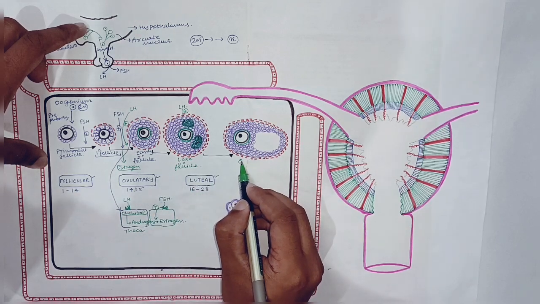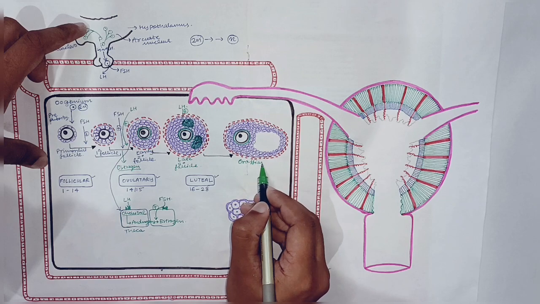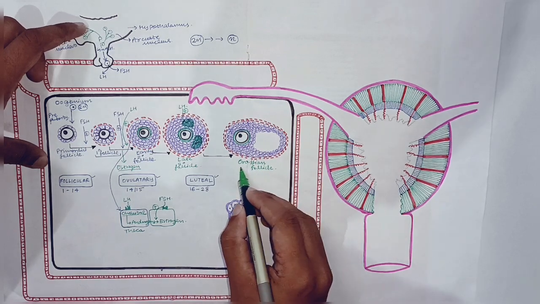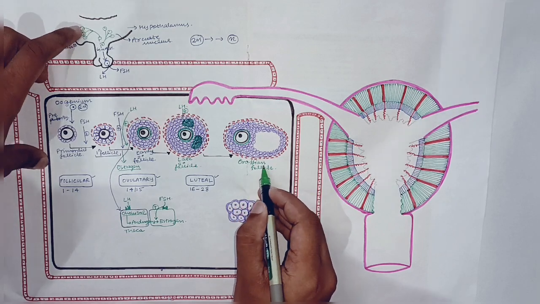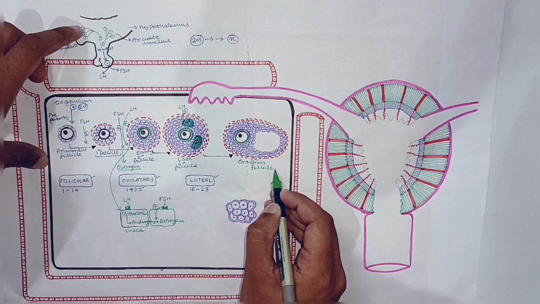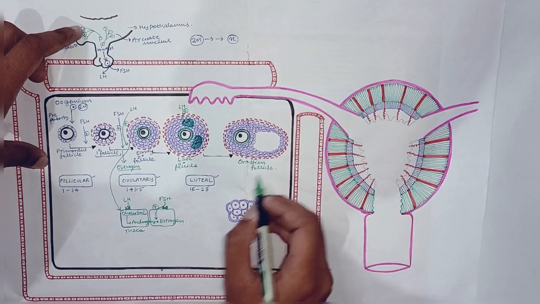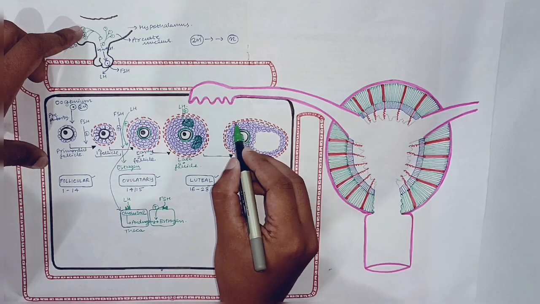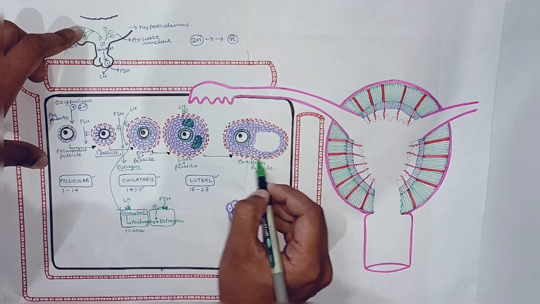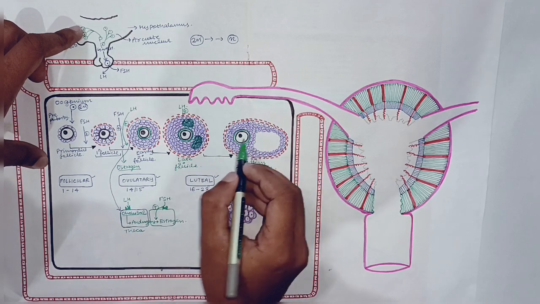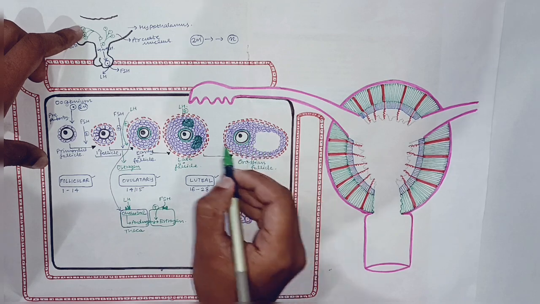Now, in the next phase, this late secondary follicle is converted down to your Graafian follicle. This Graafian follicle is also known as your tertiary follicle or vesicular follicle. Now, can you see these theca layers and this oocyte? This is not the primary oocyte.